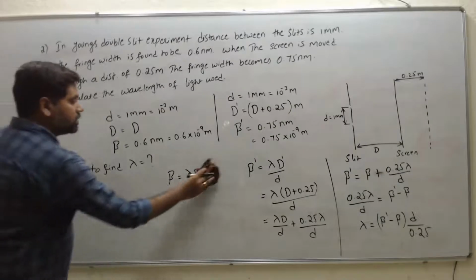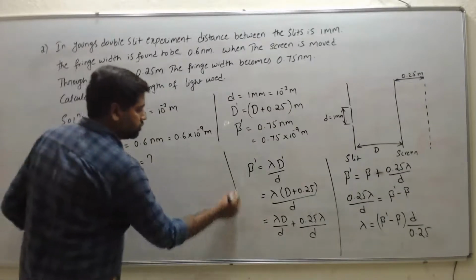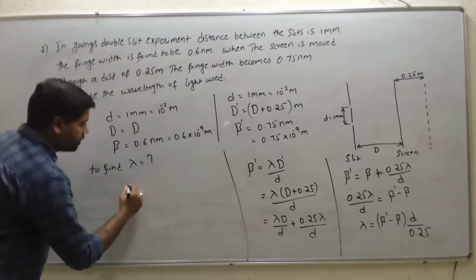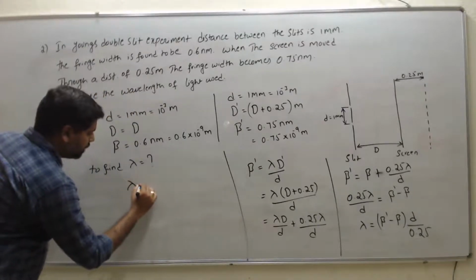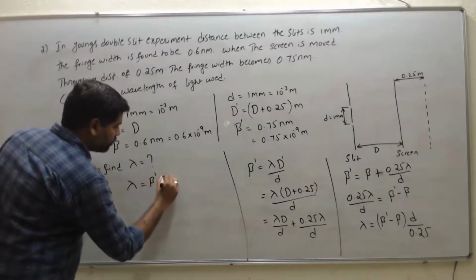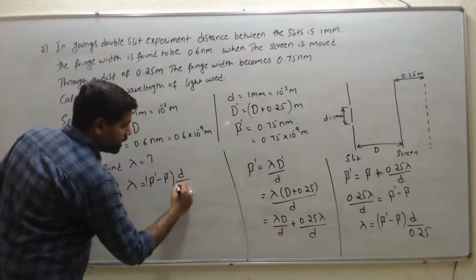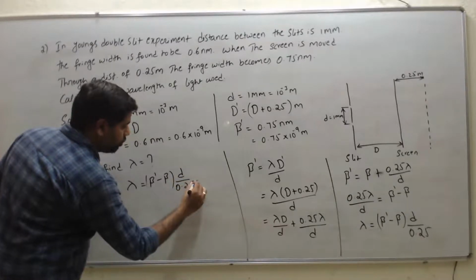So now I will substitute here: lambda equals beta dash minus beta into d divided by 0.25.